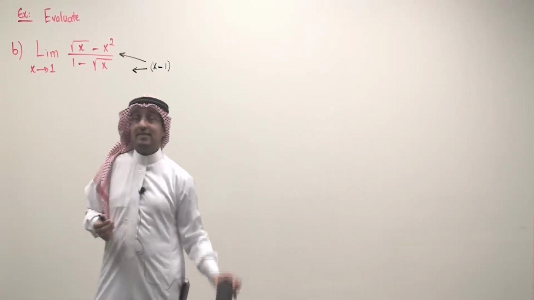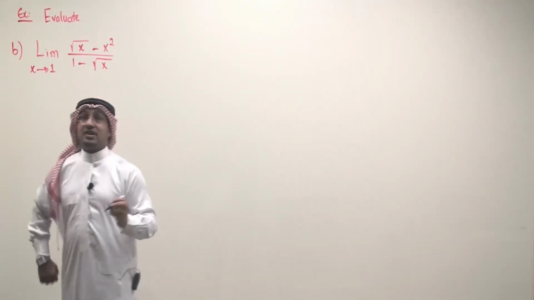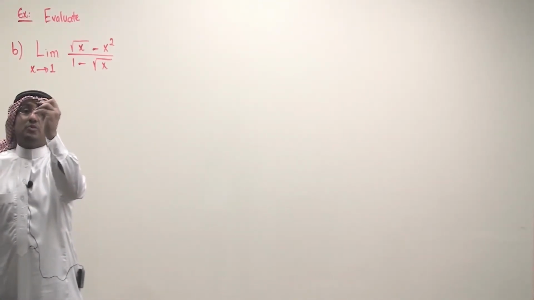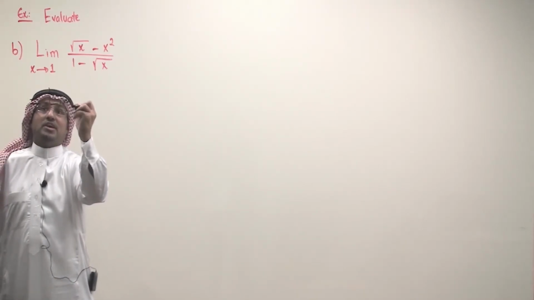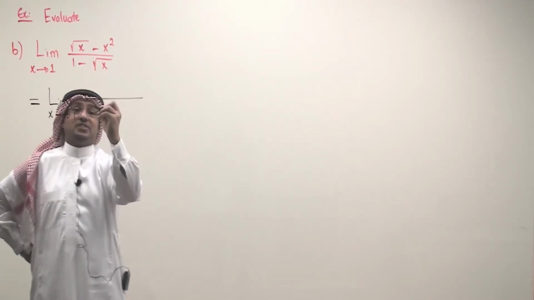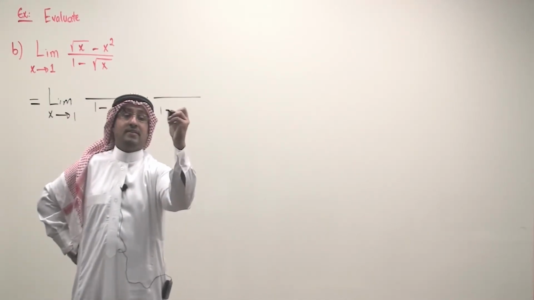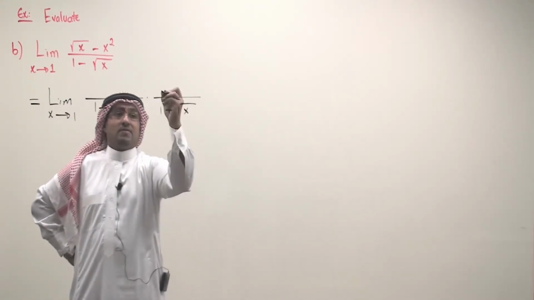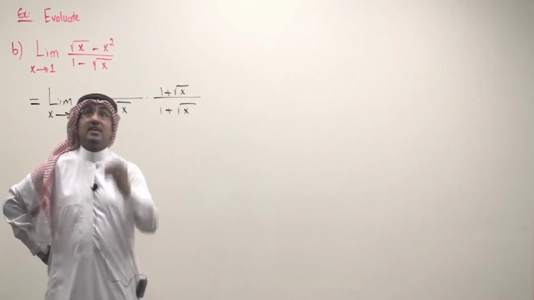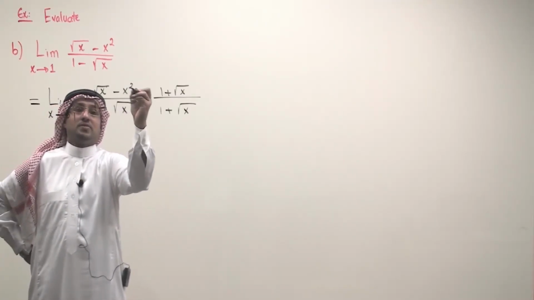For this, I'm going to do some simplifications. For instance, in order to simplify the denominator, I'm going to multiply by the conjugate of the denominator. So this is the limit as x goes to 1. The conjugate of the denominator is 1 plus root x. So I'm multiplying by a quantity which is exactly 1. And this is the numerator, root x minus x squared.